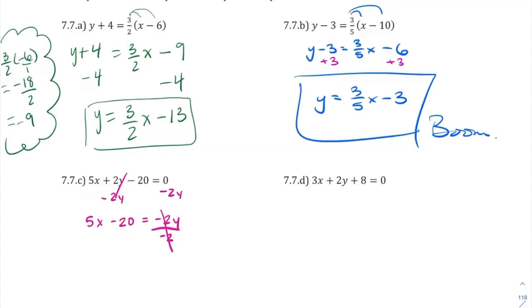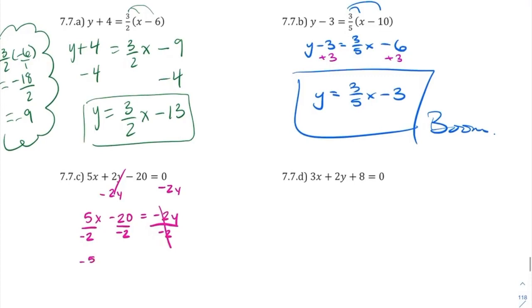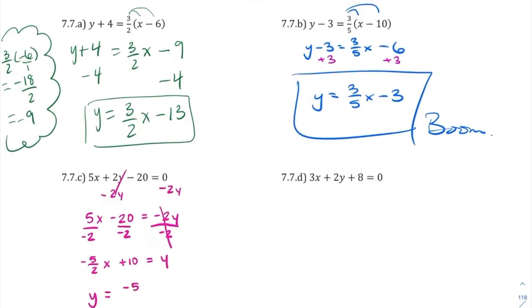To undo multiplication, we divide. And if we divide one side, we have to divide the other side. And we are dividing every single term on that other side, which means the negative 20 gets divided by negative 2, and the 5x gets divided by the negative 2, which will leave us with negative 5 halves x plus 10 is equal to y.